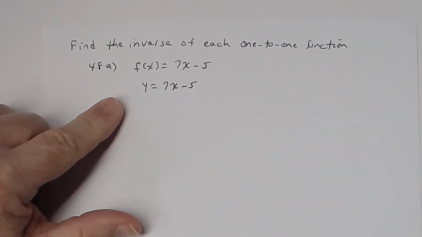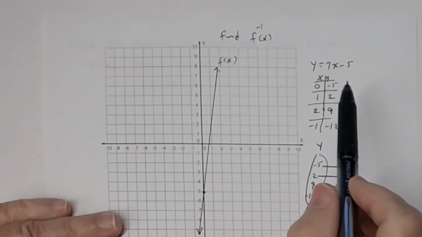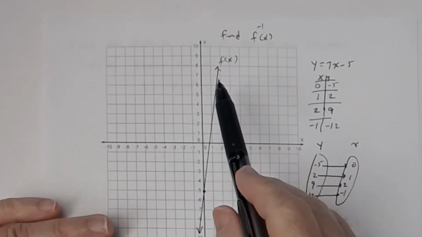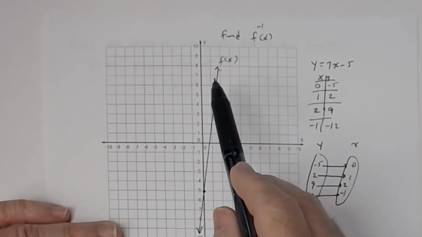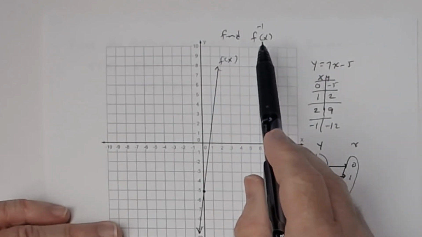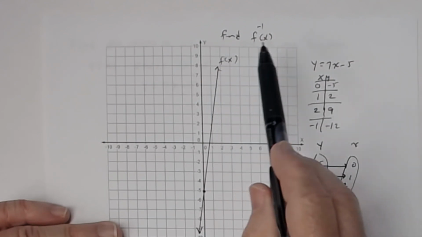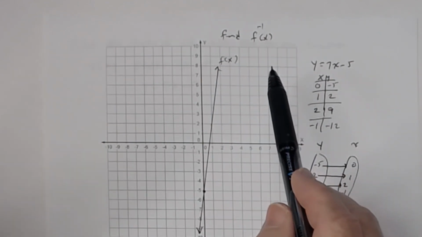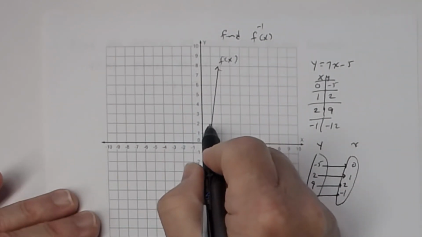Now remember when we talked about inverse functions, when we compared f of x with the inverse, the x's became the y's and the y's became the x's. When you're looking at inverses, the coordinates are interchanged. For example, see this coordinate right here?